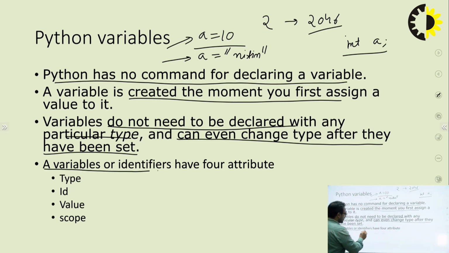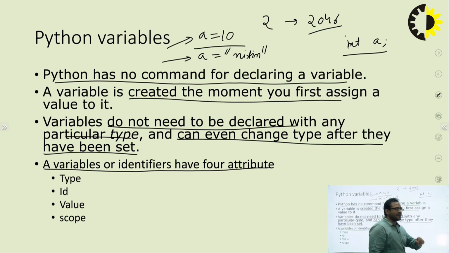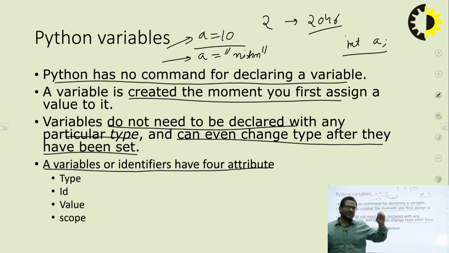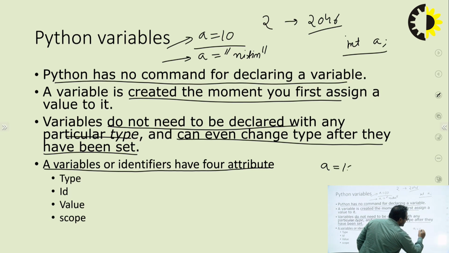And a variable or identifier has 4 attributes. Whenever creating a variable, the variable has 4 things. You have to understand that a variable in any programming language has some attributes. So similarly in Python, whenever you are creating a variable, like I am going to create a is equal to 10, right?